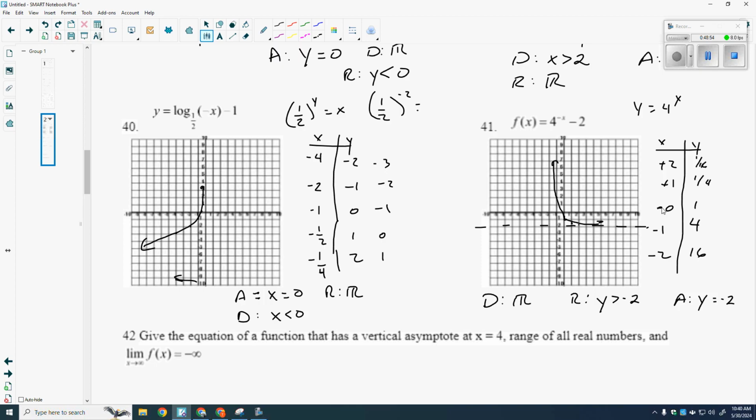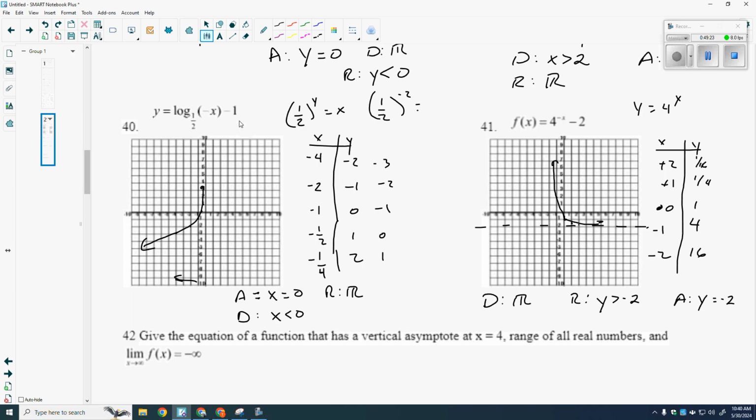That doesn't make sense. Okay, there's no -0. Then we shifted our graph down 2 and plotted these points from our shifted graph. So I go over 2, up a 16th, over 1, up a quarter, over 0, up 1, left 1, up 4, left 2, up 16, which puts me up at 14. Whatever technique you like, it works.